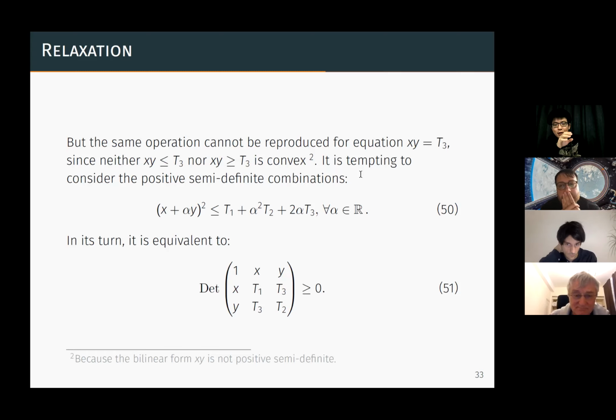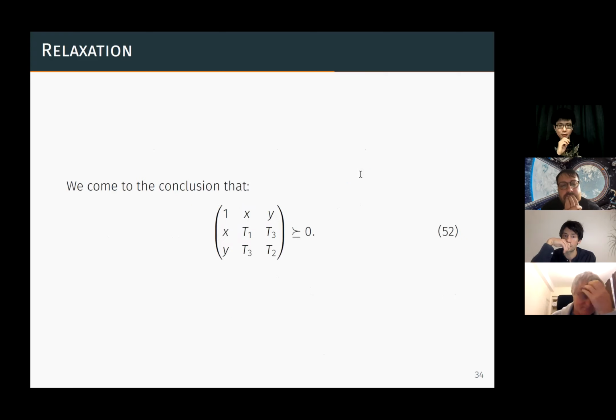In other words, we can massage the determinant into equation 51. Combined with x squared smaller than t1 and y squared smaller than t2, we conclude that we can relax the initial non-convex equality condition to the inequality condition 52.